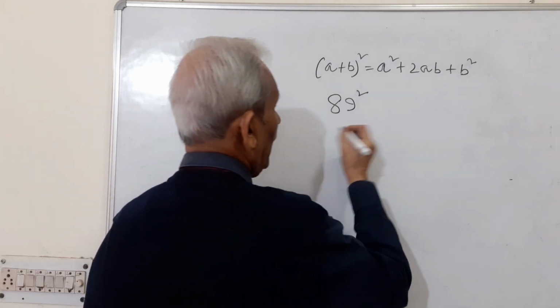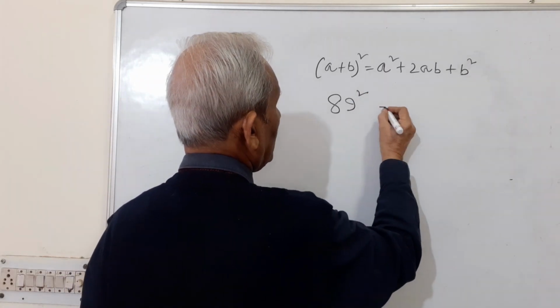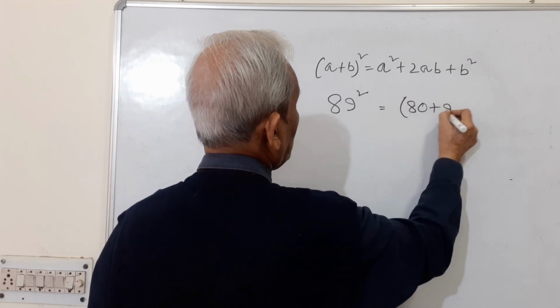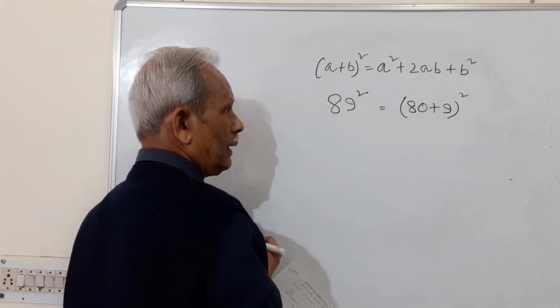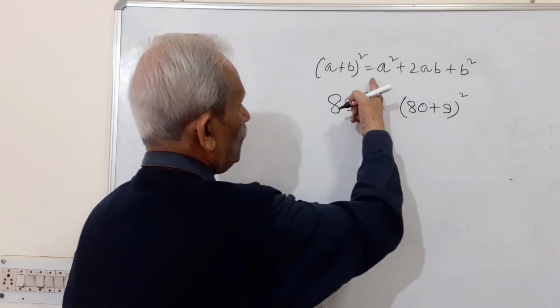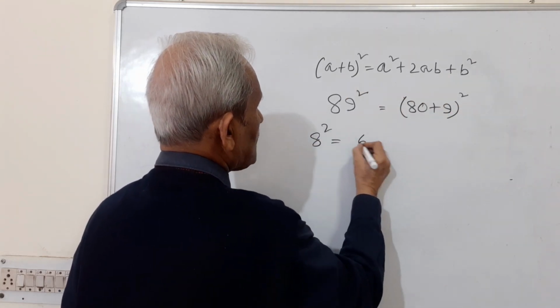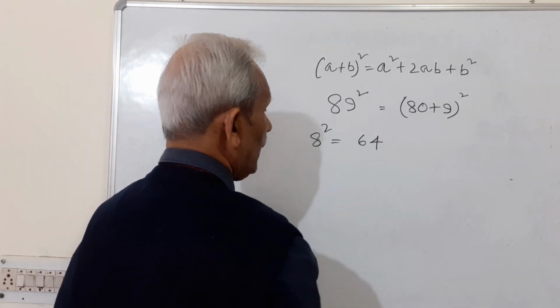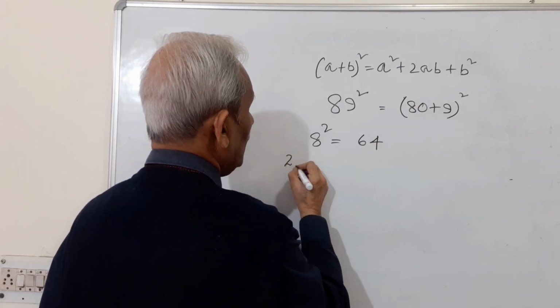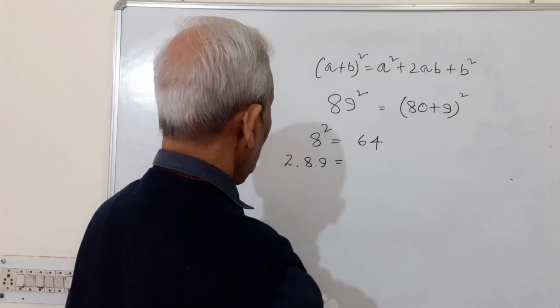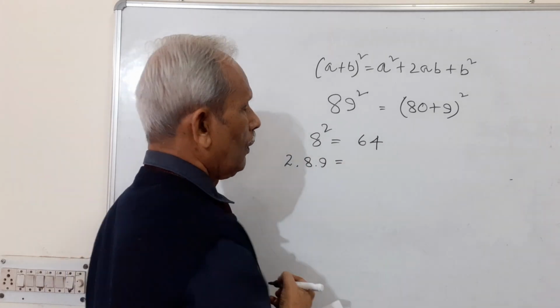Here, 89 square. The moment you write 89, it is 80 plus 9 whole square. Right? So we'll do a square plus 2ab plus b square, meaning 8 square. 8 square is 64. And then 2 into 8 into 9, how much? 144.